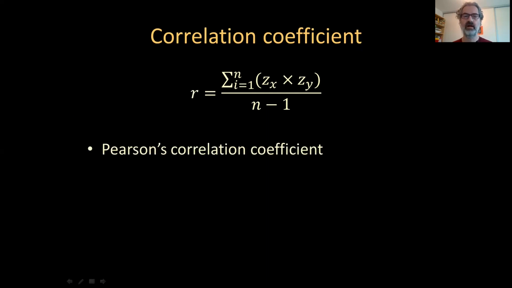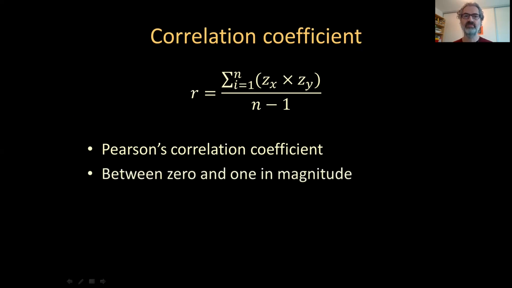This is called R, and it's the Pearson's correlation coefficient, and is the index of association for two quantitative variables that is most often used. This index has the property that its magnitude ranges between 0 and 1. If the two variables are completely unrelated, R will be 0.